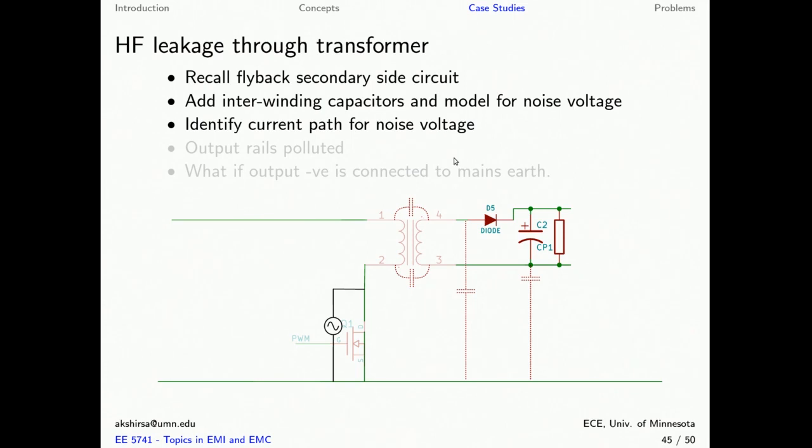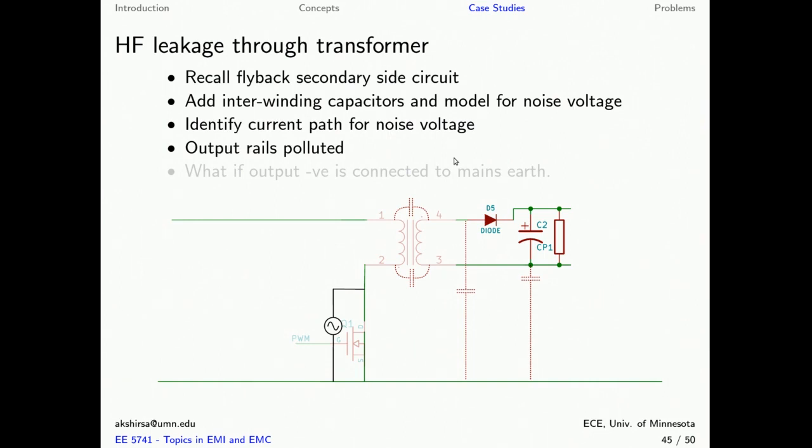The inductor has high impedance at high frequency, and therefore is an open circuit. The parasitic capacitors have low impedance and therefore are a short at high frequency. Now note that there is some capacitance between the output negative rail and the input negative rail. This may be due to proximity or coupling through the chassis, etc.